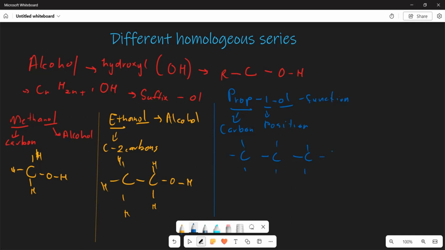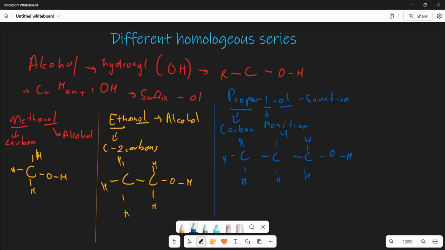That is going to be the OH, and the hydrogen atoms are also going to be bonded with the carbon atoms to complete this structural formula. That is going to be the formula for our propan-1-ol.